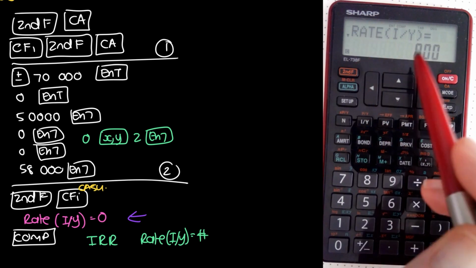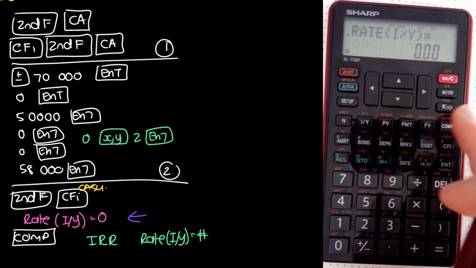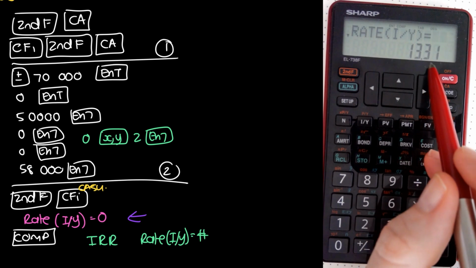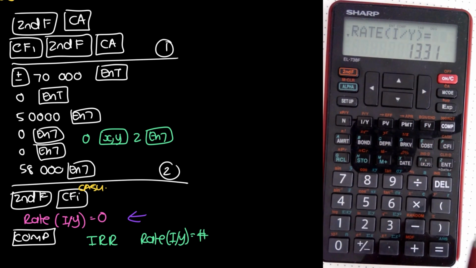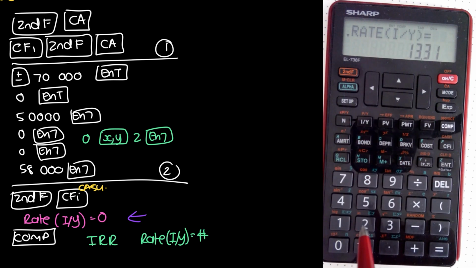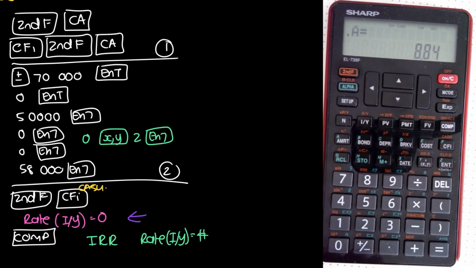our IY here. So previously we put in the IY value. Now we want to compute this IY value. So we push compute. And it says it's 13.31. So the IRR is 13.31. The I of the bank, and let's just recall A, is 8.84.